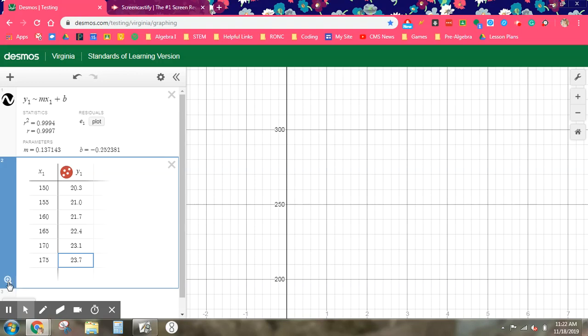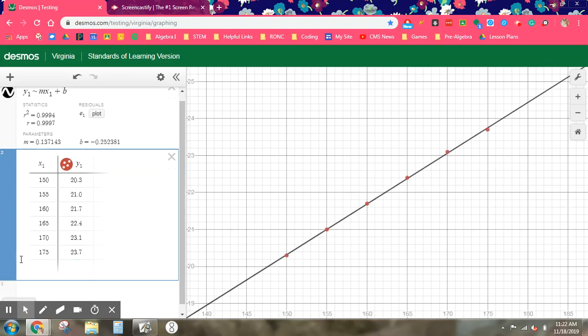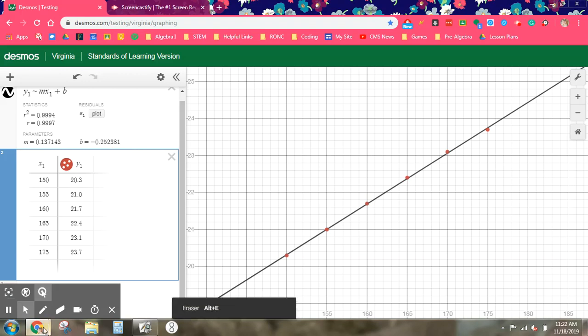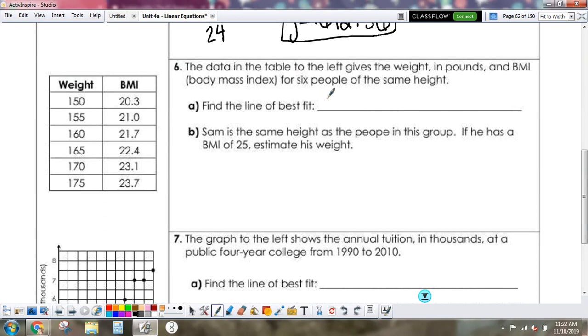Then I can press my little zoom to get to where it's at. You can see it has already made my equation for me. So my equation is y equals 0.14x minus 0.25 based on the numbers that I got there. Now you're going to figure out what the weight is for a BMI of 25.